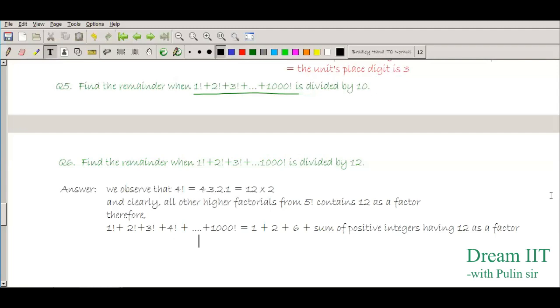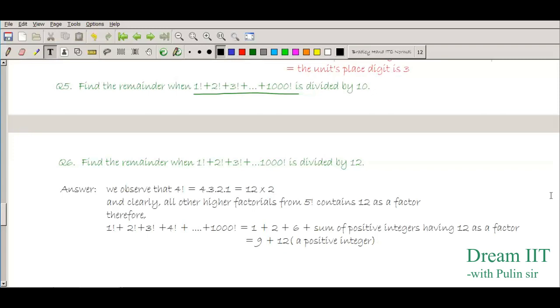I think it is very clear to you. So now from here I can get this as 9 plus I can write this as 12 times a positive integer, a positive integer, right?